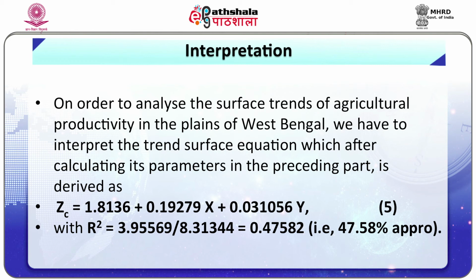The computed values of agricultural productivity ZC of each point are arranged with its observed values Z and residuals Z minus ZC, and this is presented in table 4.